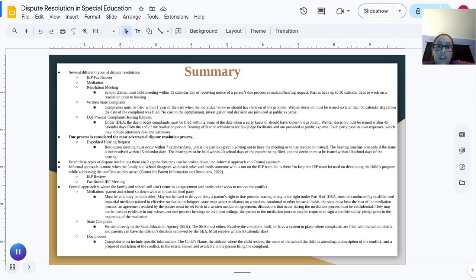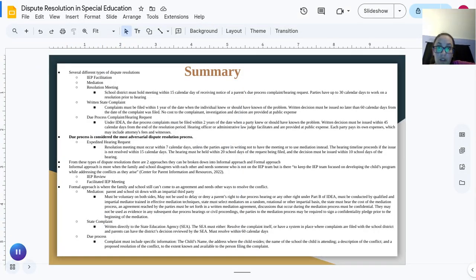An agreement reached by the parties must be set forth in a written mediation agreement. So whatever has been agreed upon needs to be written down and signed. Decisions that occur during the mediation process must be confidential.